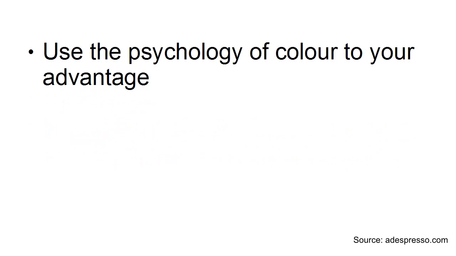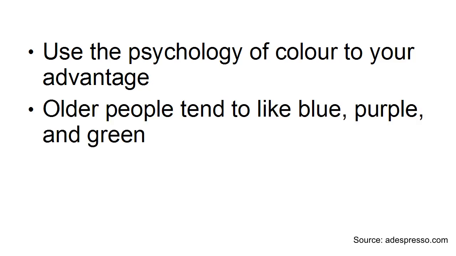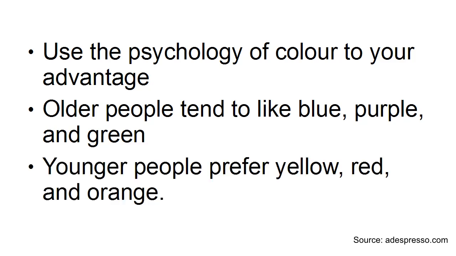You can also use the psychology of color to your advantage. And this is something that works on a sort of subtle, subconscious level. Studies have proven that older people tend to like blue, purple and green, whereas younger people prefer yellow, red and orange. So you can build this sort of thing into your advertisement.